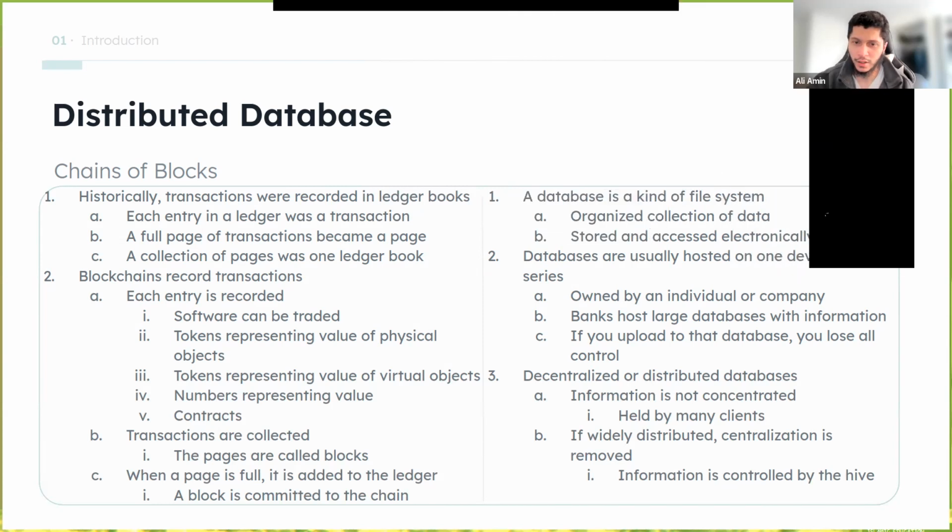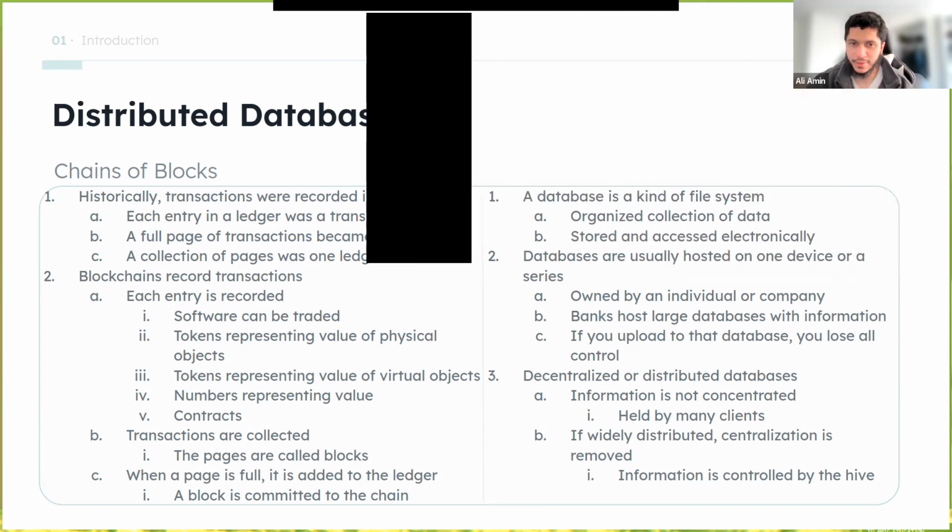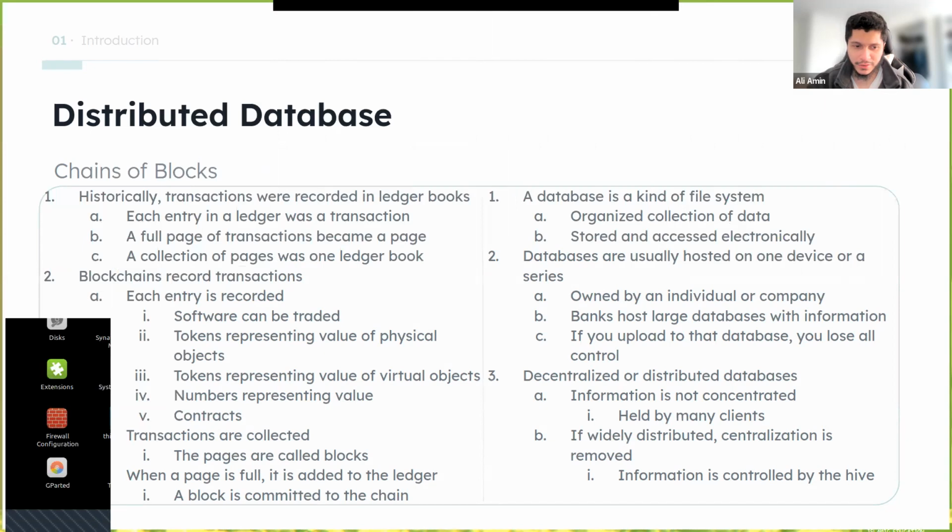Okay. So a database is a kind of file system. We all know that. It organizes data, which is collected and stored. You access it electronically. But traditional databases are usually centralized, meaning that the database is on one device or a couple of devices. It's normally owned by one person, like an Excel spreadsheet, or a company.